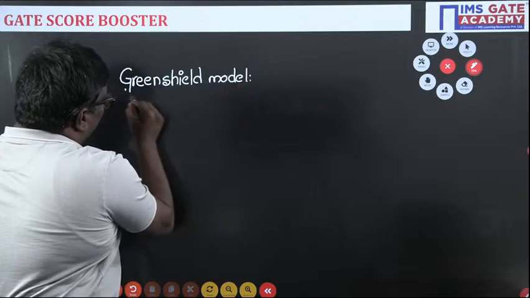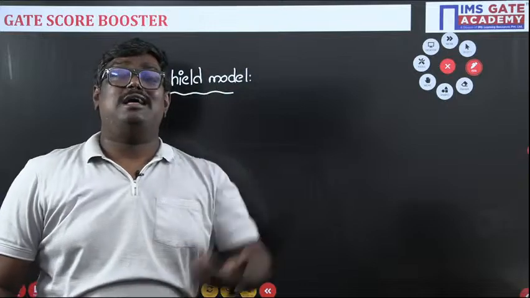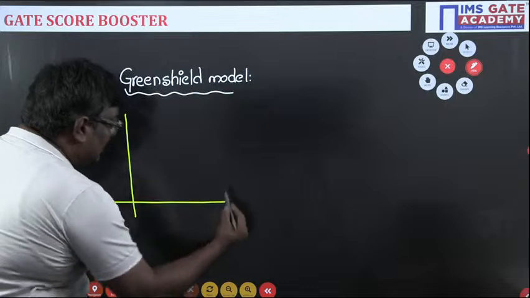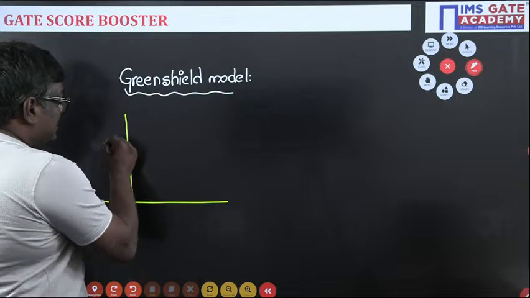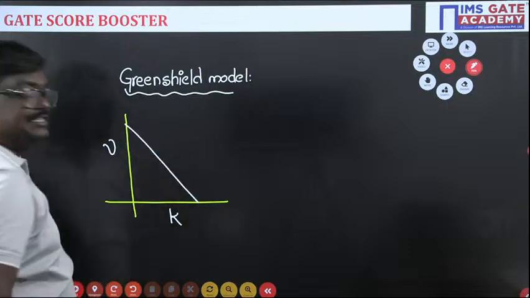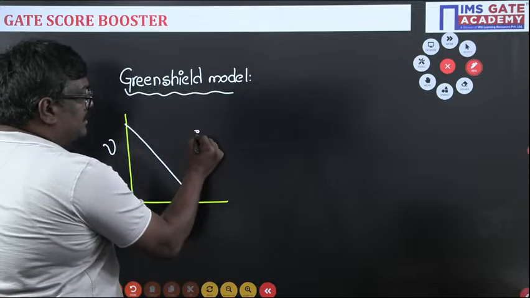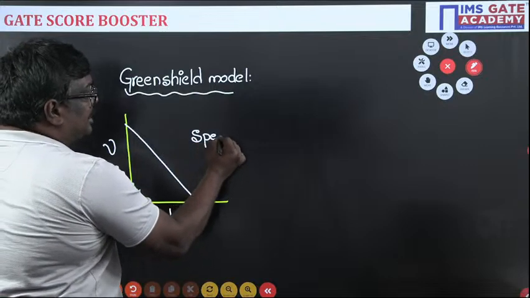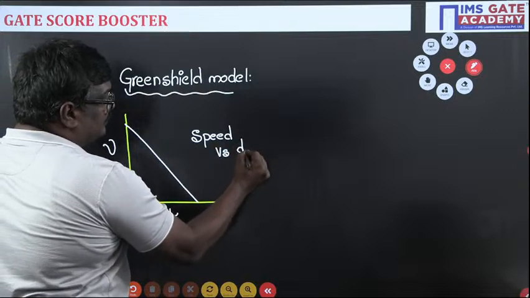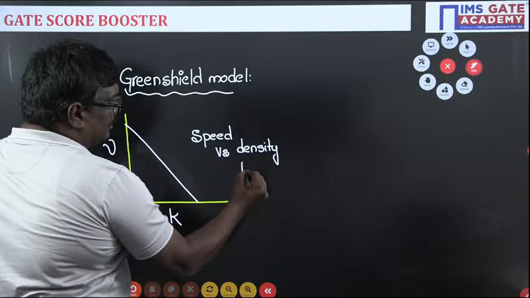When I talk about the Greenshields model, you should be aware of the graphs. So my dear students, if you see the Greenshields model, the graph between speed and density varies linearly. So remember, my dear students, the speed versus density graph varies linearly.